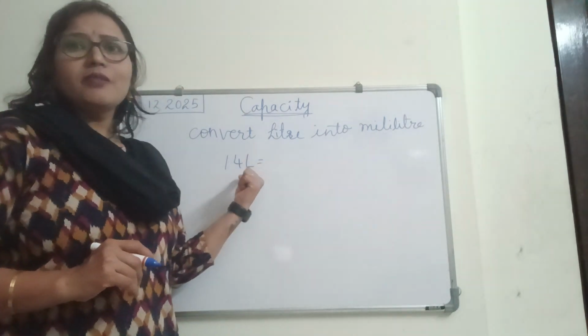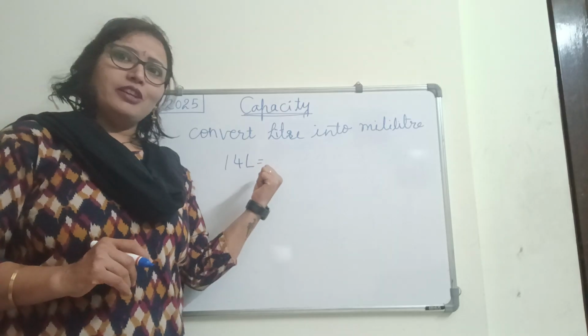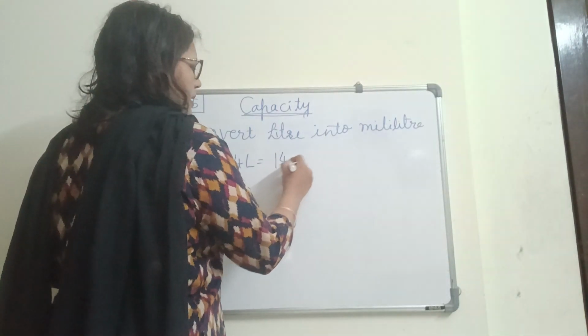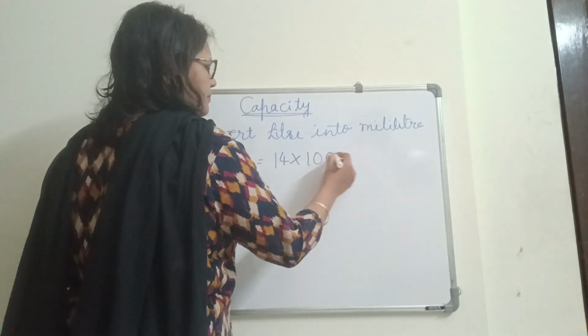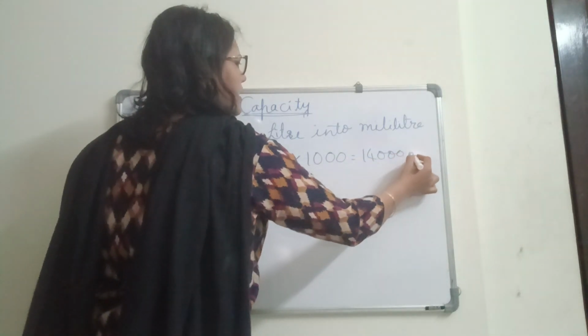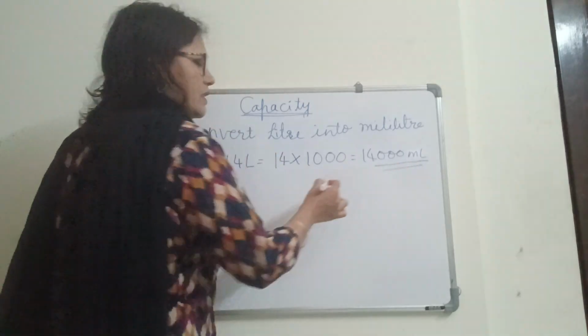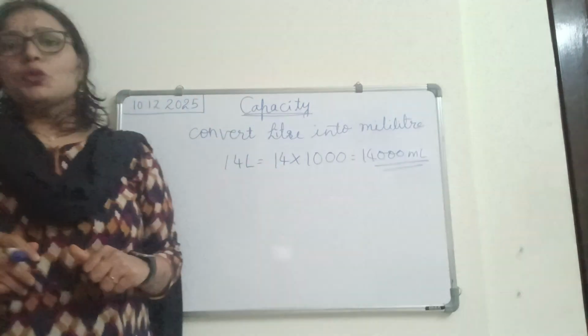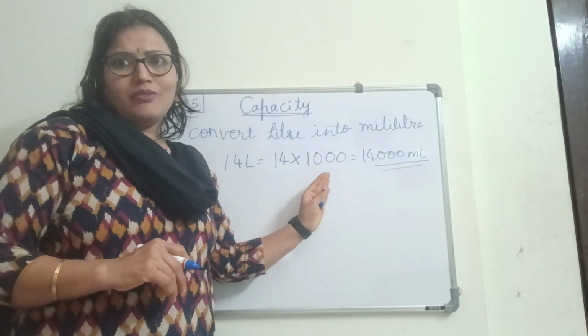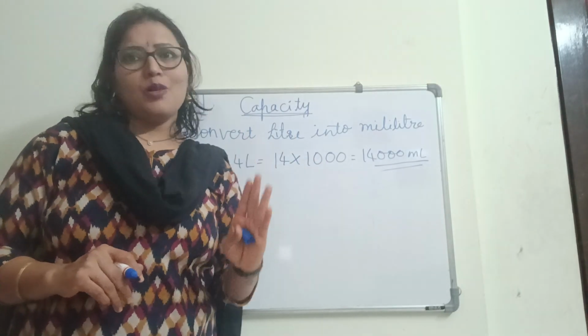So here 14 liter is given, so definitely we have to multiply with 1000. So 14 multiplied by 1000, we are getting 14,000 milliliter. So this is your answer. When we are converting a bigger unit into a smaller unit, we always multiply by 1000.